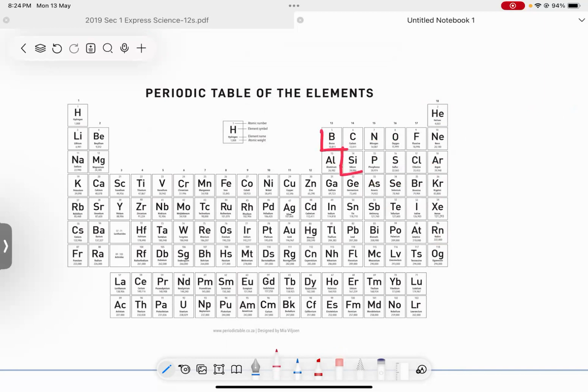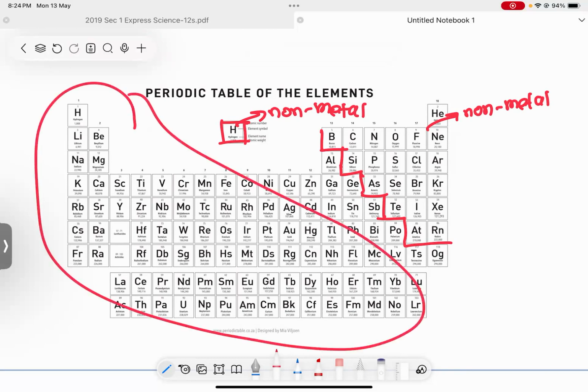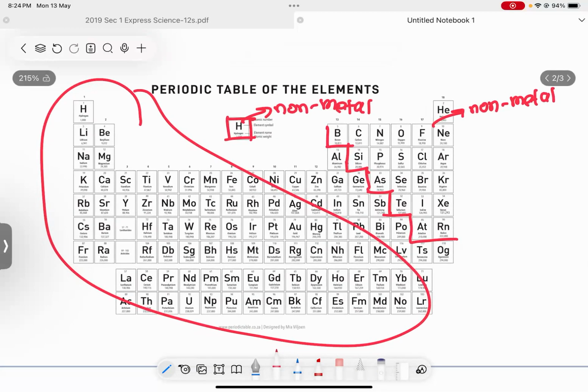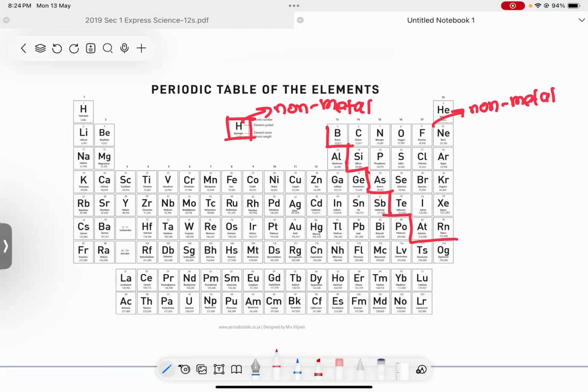Whatever is on the other side of this line is a non-metal. And friends, there is an exception in the periodic table. This hydrogen here is also a non-metal. Okay? And the rest over here, these are all metals. So that is what I mean by non-metals and metals.